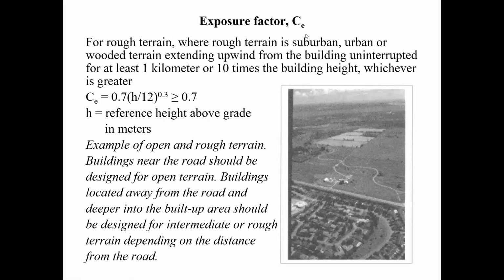Here what they're trying to show you is that all these houses would have to be designed for open terrain. For this house here, if the distance from here to here, and from there to there, and from there to there happens to be at least 1 kilometer, then this little house you can consider to be in rough terrain. So all these houses would have to be open terrain, and these houses, if you want, you can design them for rough.